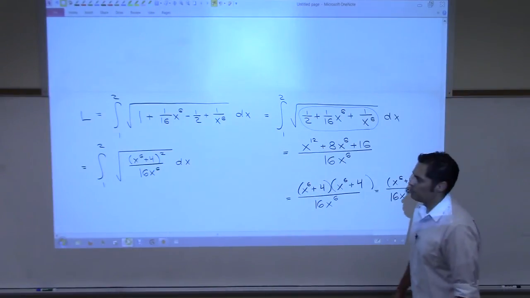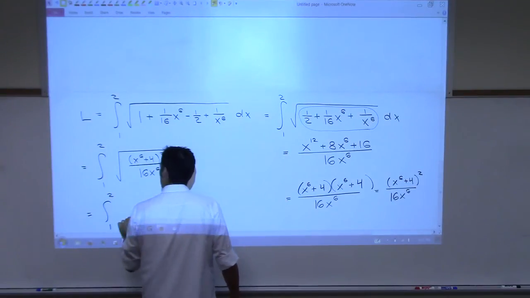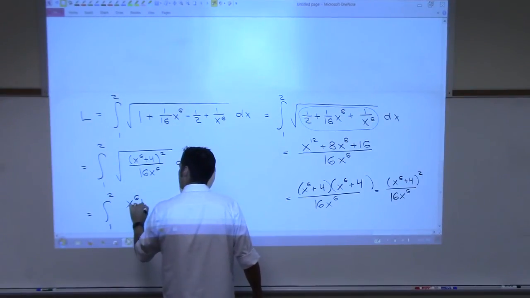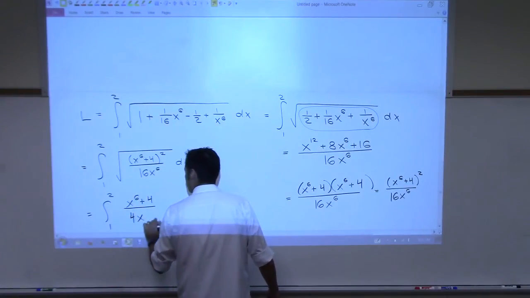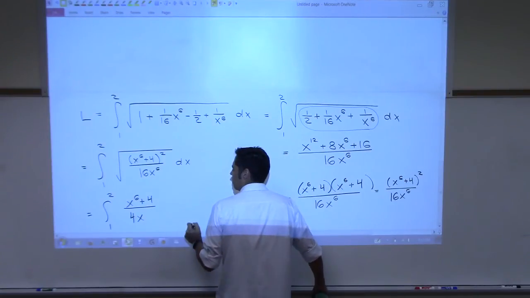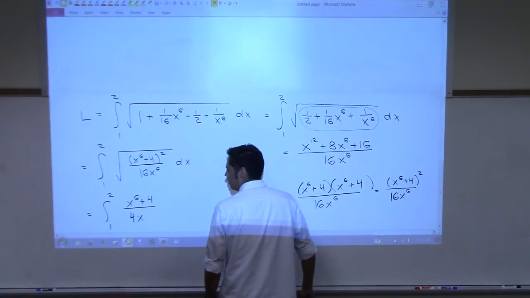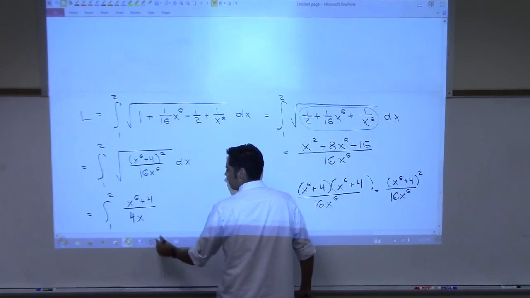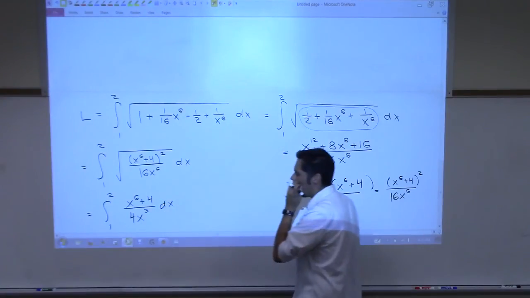Now go ahead and take the root on the top and bottom. The root of the top is just x to the 6th plus 4. The root of the bottom is 4x what? I've heard fourth and third. Third.